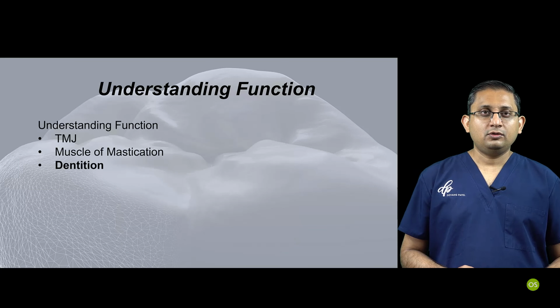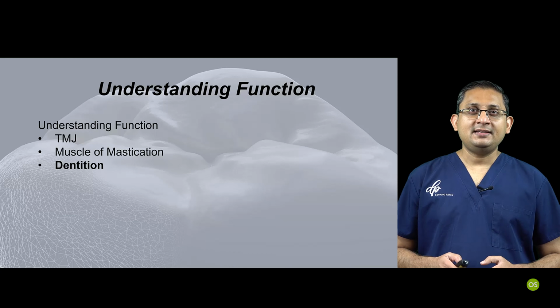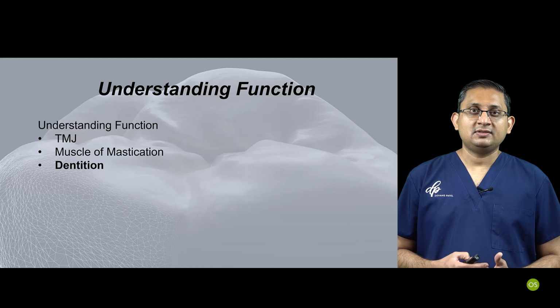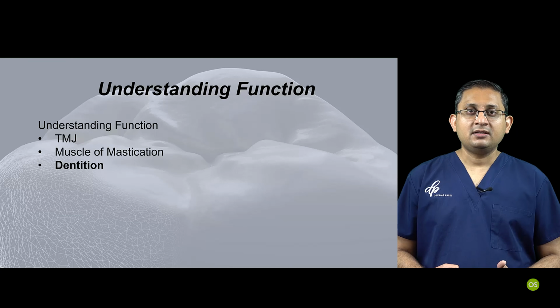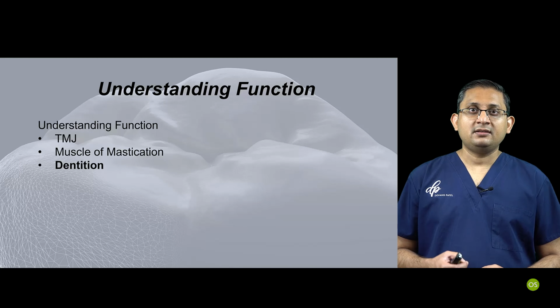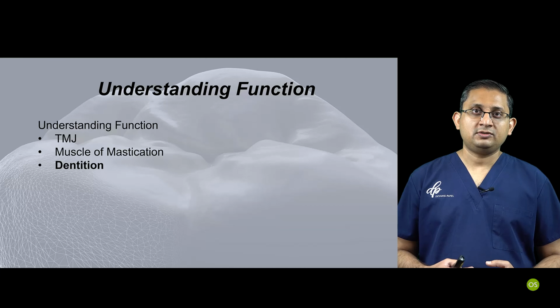The third component is the dentition. In dentition, as we discussed in previous videos, there are various reasons why the jaw cannot be in a CR or musculoskeletally stable position. A patient may have a slide, a pivoting contact, or just one contact, which is not allowing the jaw to seat into a more musculoskeletally stable position.